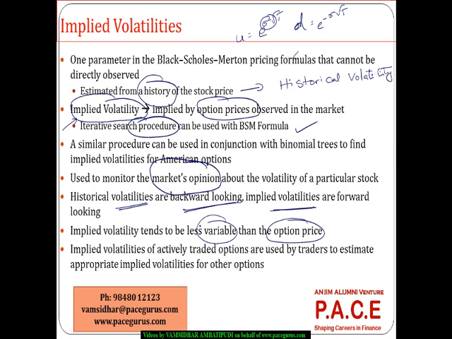So a lot of the time the traders talk in terms of implied volatility. Implied volatility of the actively traded options are used by the traders to estimate appropriate implied volatilities for other options. So I'll use the implied volatility of the most actively traded option, and that implied volatility is used for pricing other options. Right?